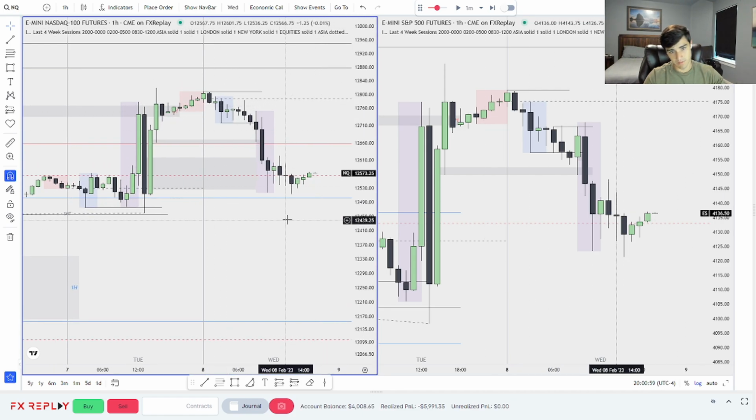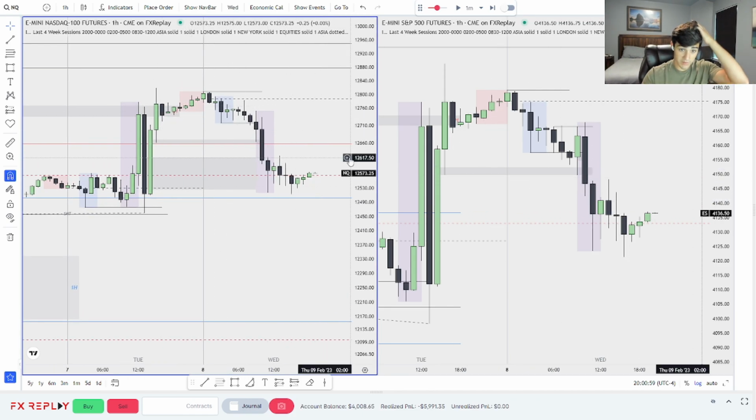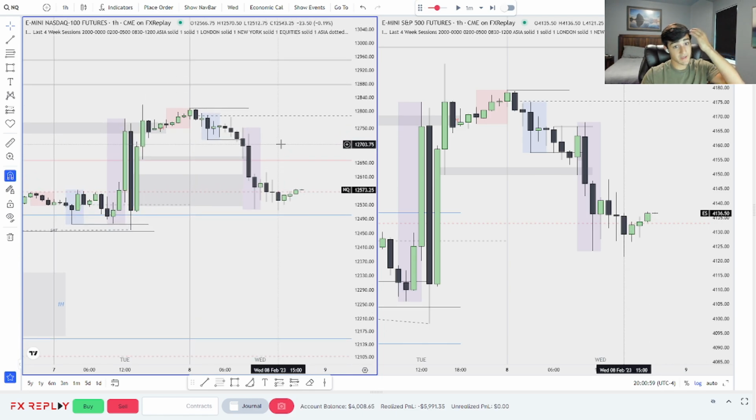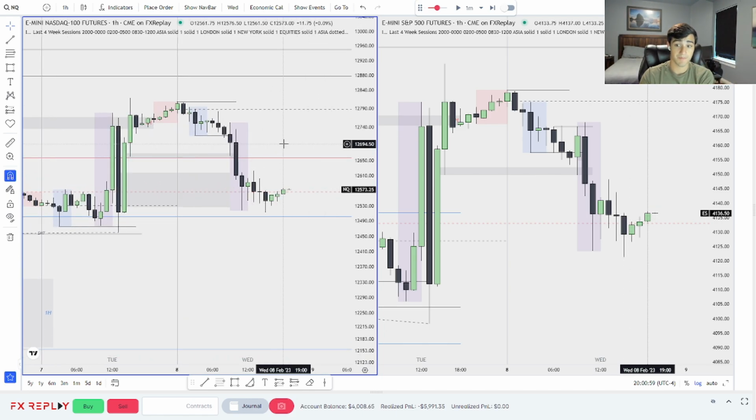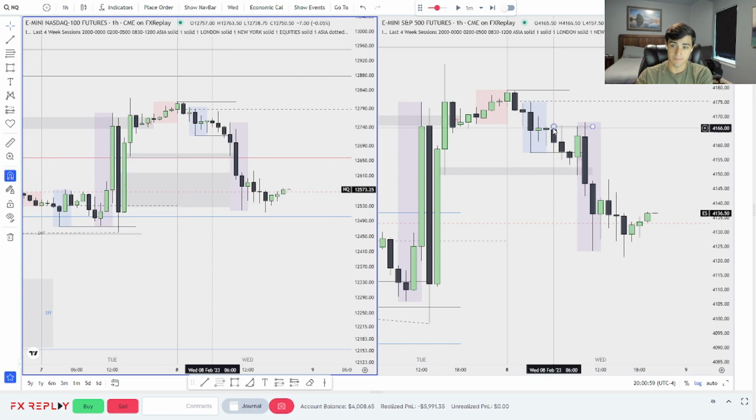It just slumped over. It didn't really do much. But what is the one obvious thing that we see? There's an SMT.